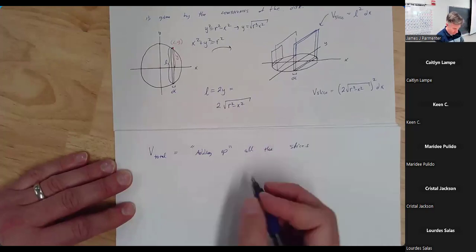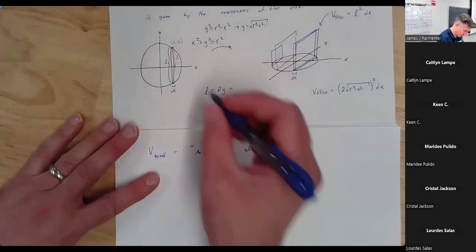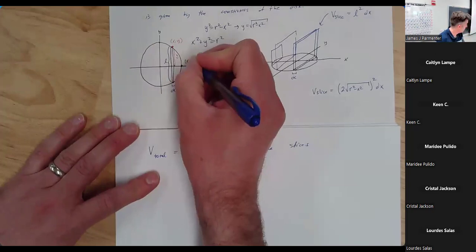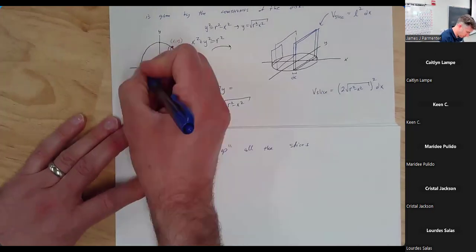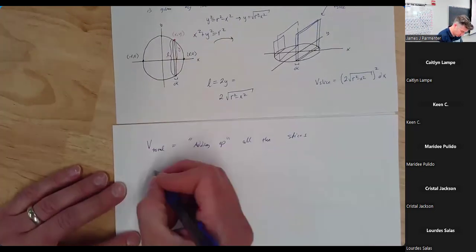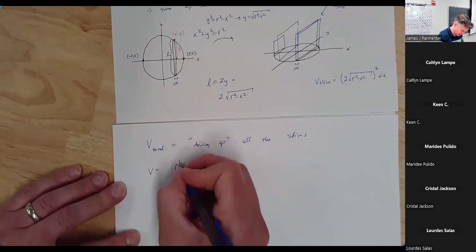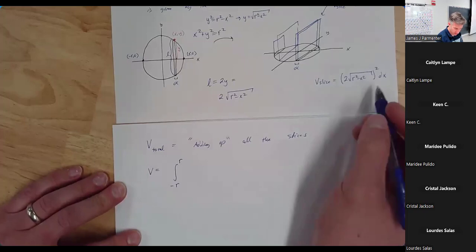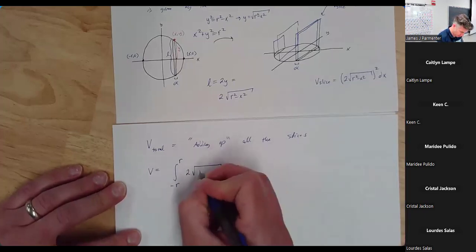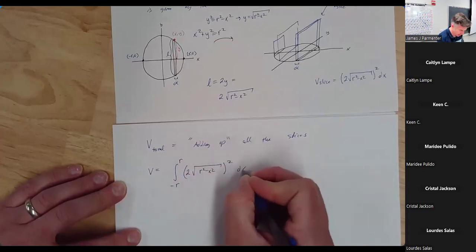If we look at this circle of radius r that goes as far right as the point (r, 0) and as far left as the point (negative r, 0), we're going to find the total volume by integrating from x equals negative r to x equals positive r this volume of our slice, 2 times the square root of r squared minus x squared, squared, dx.